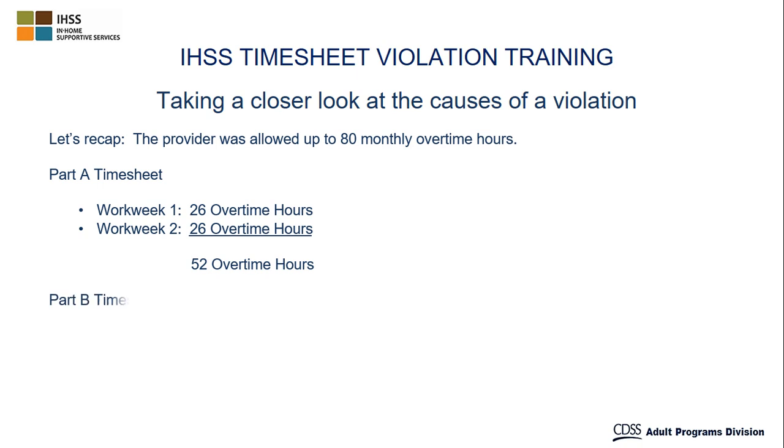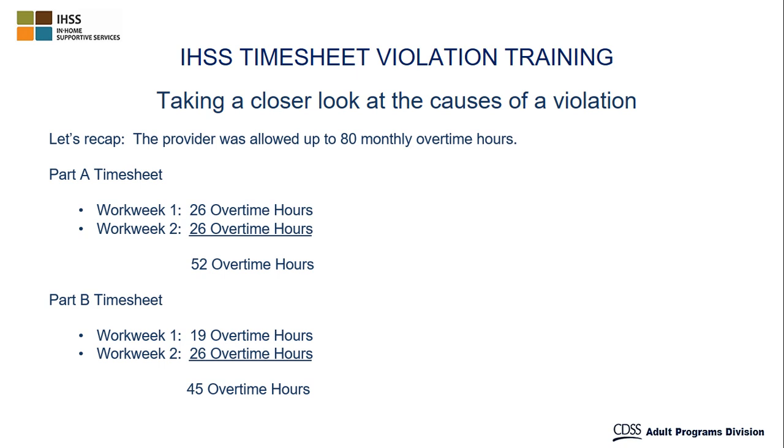For the Part B timesheet, for Workweek 1, the provider claimed 19 hours of overtime, and for Workweek 2, the provider claimed 26 hours of overtime. This is a total of 45 hours of overtime for Part B of the month. The 52 hours of overtime from Part A plus the 45 hours of overtime from Part B is a total of 97 overtime hours.